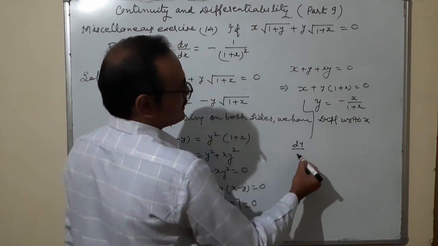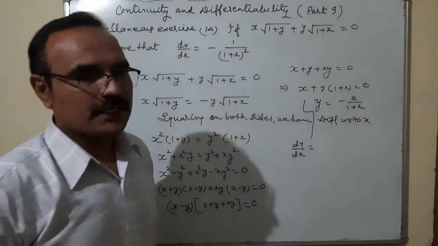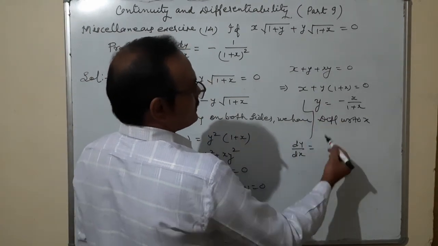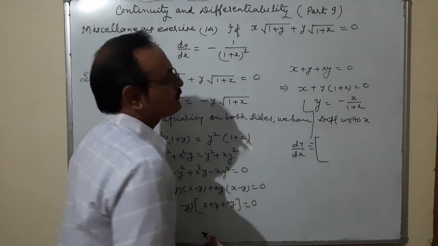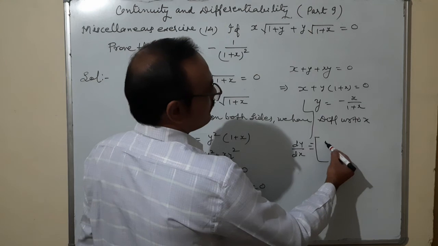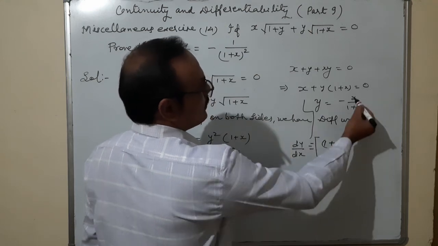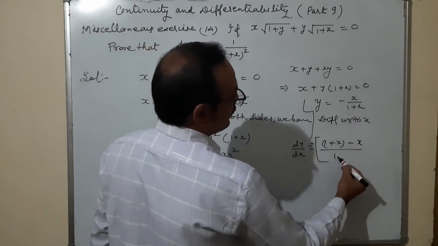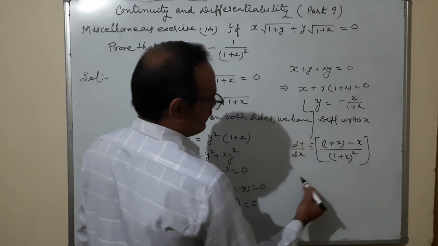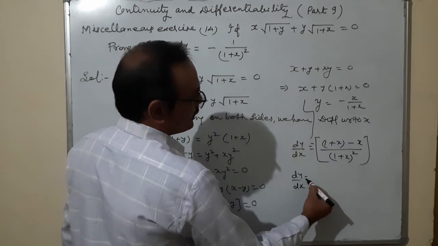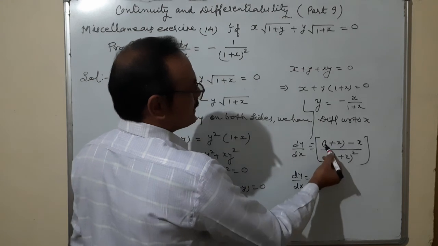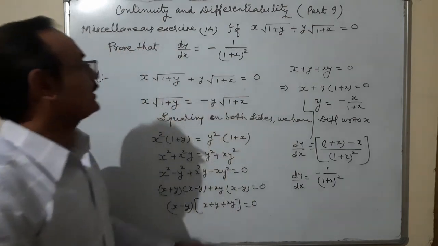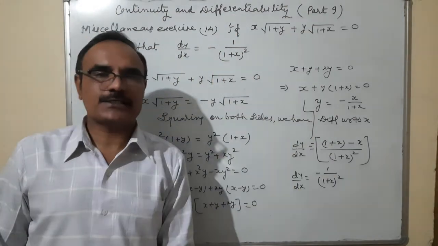So dy by dx is equal to, when we differentiate this term with respect to x, the minus sign stays outside. Using the quotient rule: differentiation of numerator 1, minus numerator times differentiation of denominator, upon denominator square. So dy by dx is equal to plus x minus x cancel, it is minus 1 upon (1 plus x) whole square. Okay, so dy by dx is equal to minus 1 upon (1 plus x) whole square.